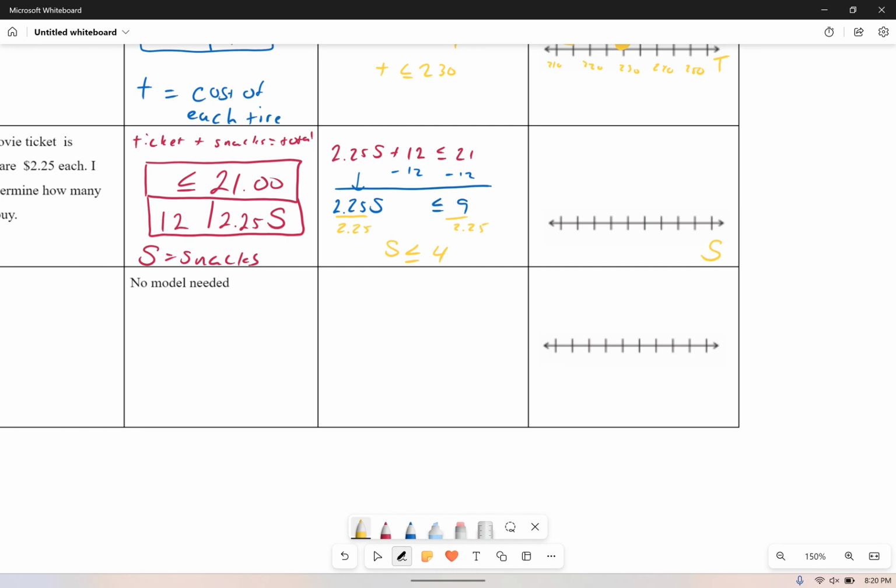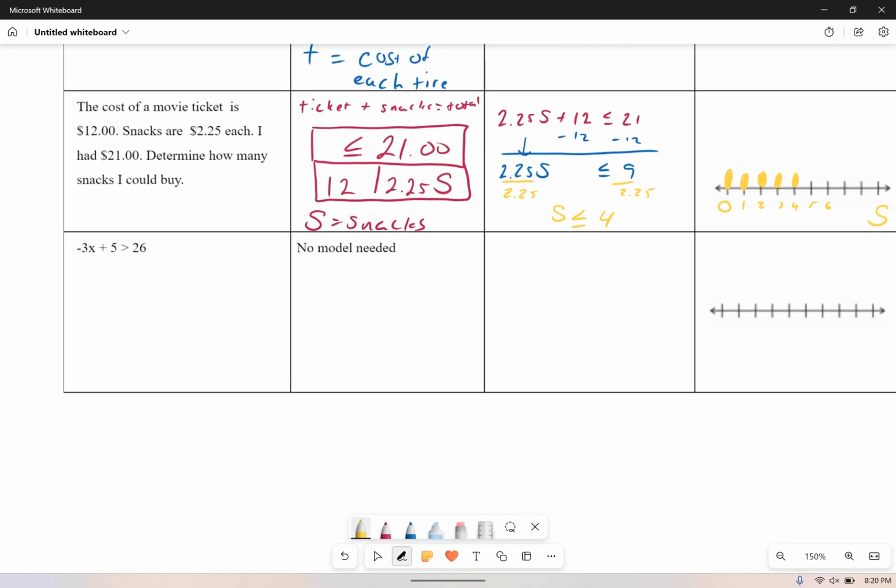I'm not going to be super nitpicky about this right now, but because it is good form, we should put circles on all of the whole numbers because I could buy 0 snacks, 1 snack, 2 snacks, 3 snacks, or 4, but I can't buy any more than that. And I can't buy partial snacks.